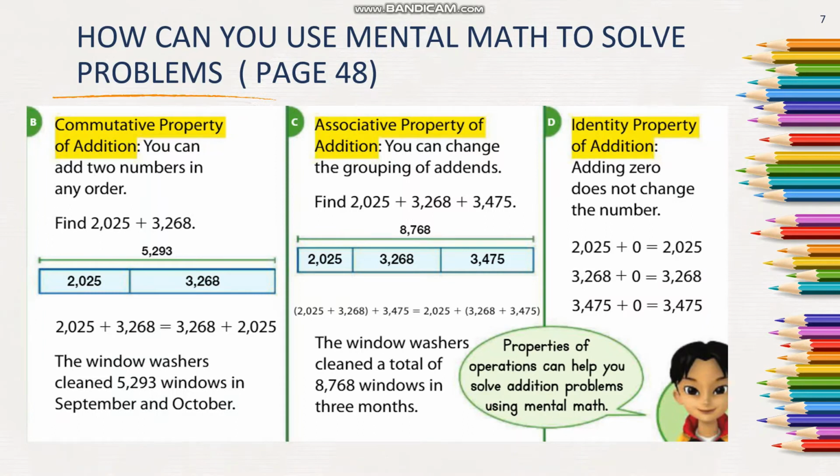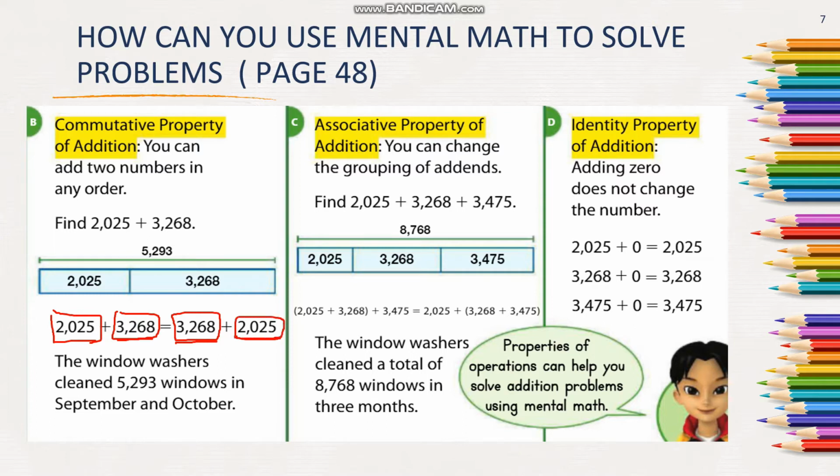The first one is the commutative property of addition. You can add two numbers in any order. When we say commutative, changing the order of the addends does not affect the sum. For example, I have 2,025 plus 3,268. That is equivalent to 3,268 plus 2,025.